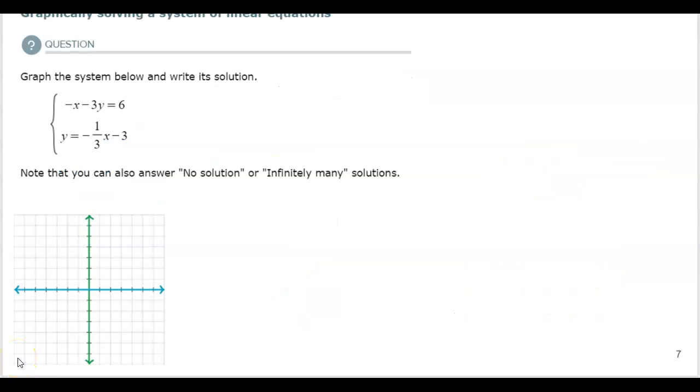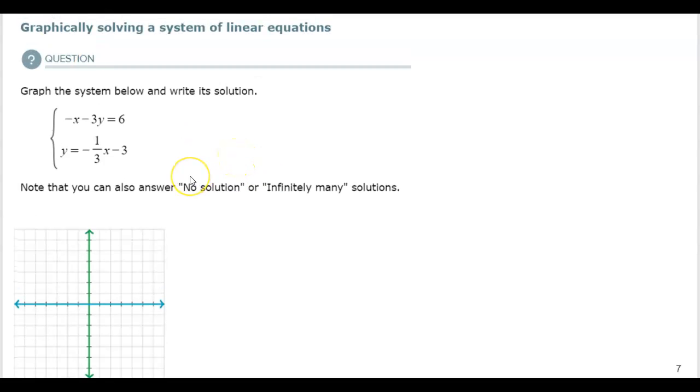Okay, so this is asking us to graph the system and then say how many solutions it has. So I'm going to go ahead and do this system in blue first.